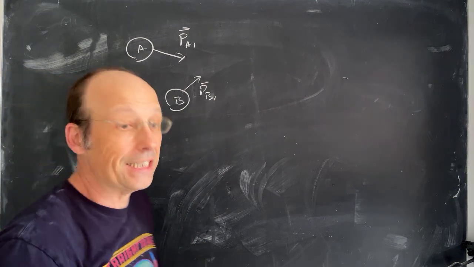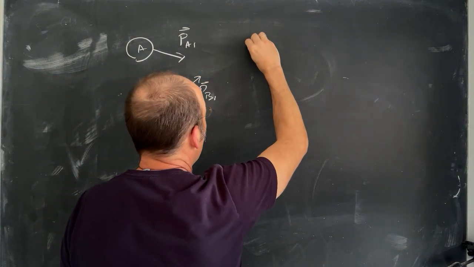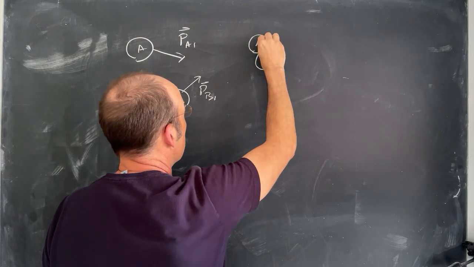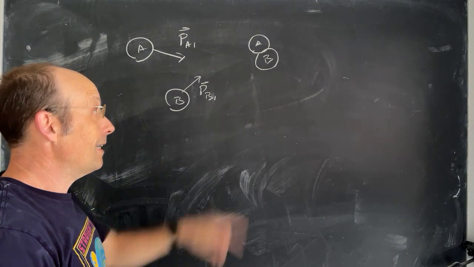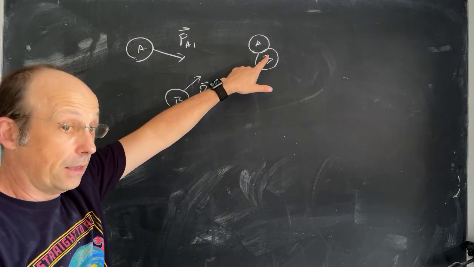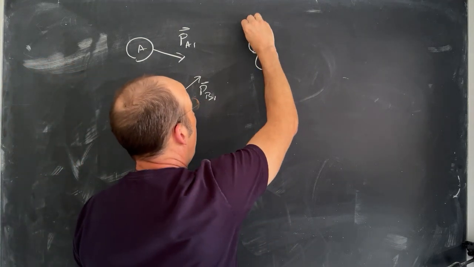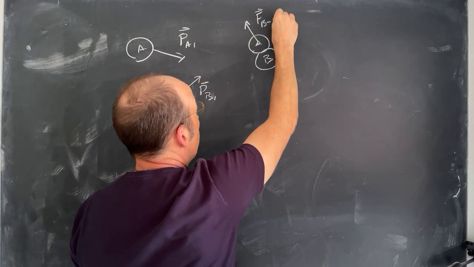So they both have mass, they have velocity, and they're moving, and they're going to collide, and at some point they are interacting. Well, in this case, if they're interacting, then B is going to push on A. So I'm going to draw that this way. I'm going to say F, B on A.